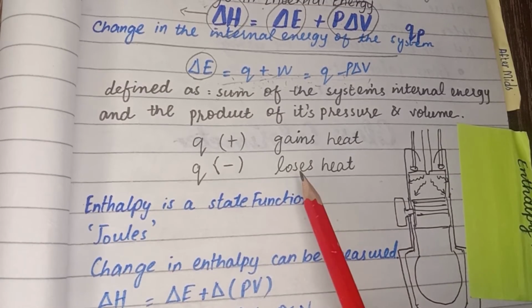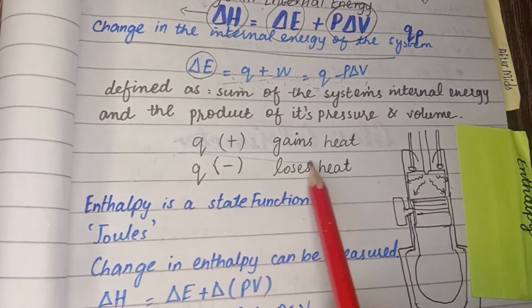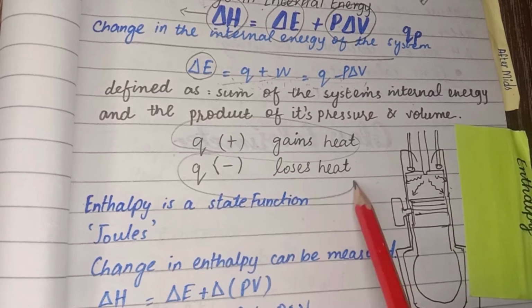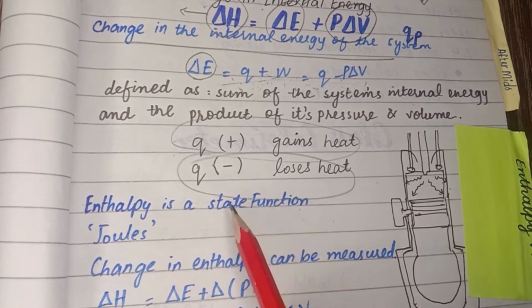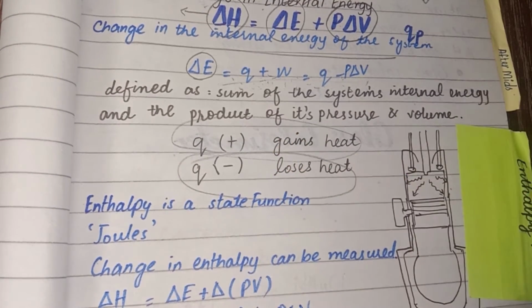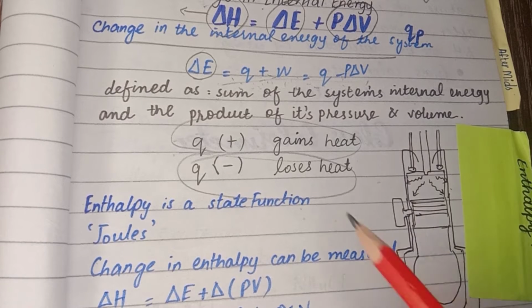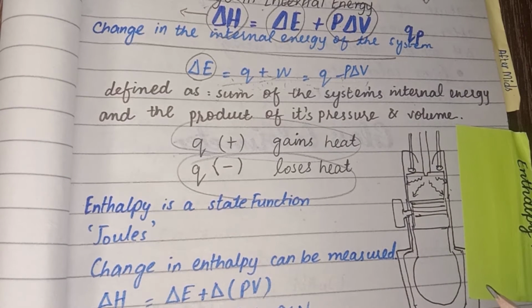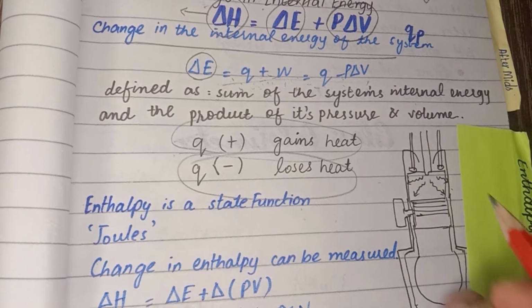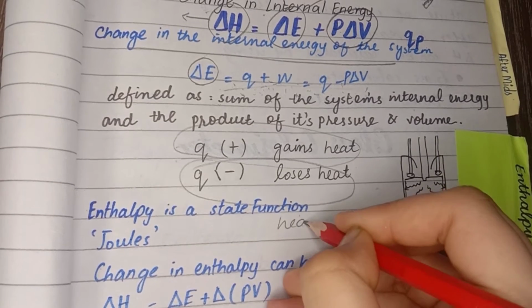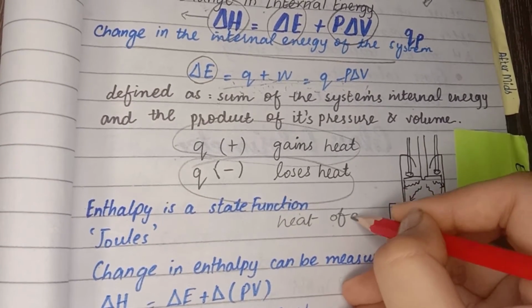Enthalpy change is an extensive property, and the sign convention goes like Q will be positive if the system gains heat, and Q is negative if the system loses heat. So enthalpy is a state function and its unit is joules, and change in enthalpy can also be measured. Note that only the enthalpy change during a reaction is important.